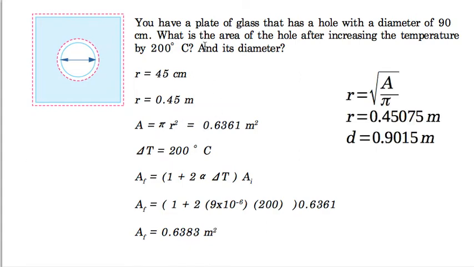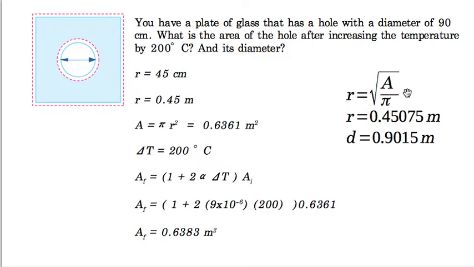But the question was also, what is its diameter. So this area that I got here, I gotta change it to radius. And to do that, I gotta clear my area formula for the radius. This pi is multiplying, so you gotta pass it dividing, and that square, it's next to the r, you gotta pass it as a square root.